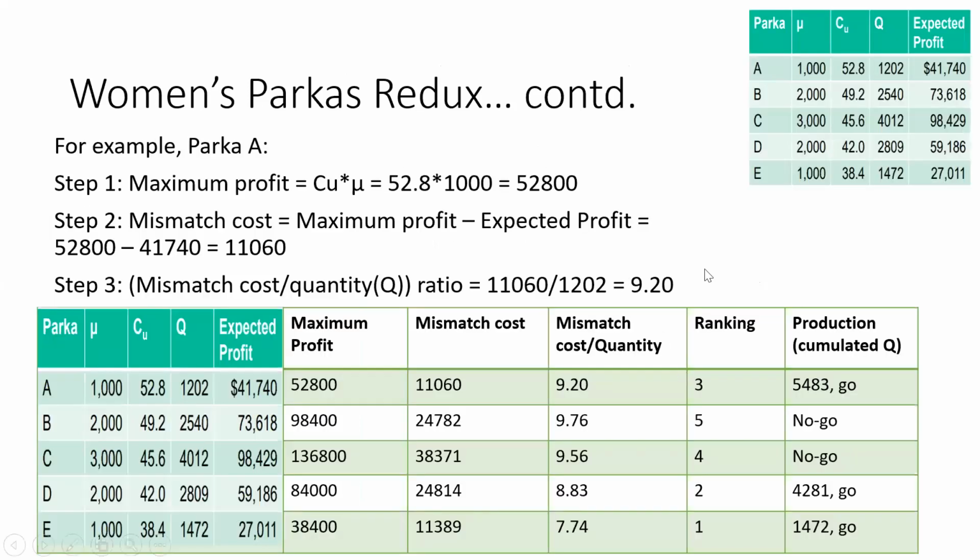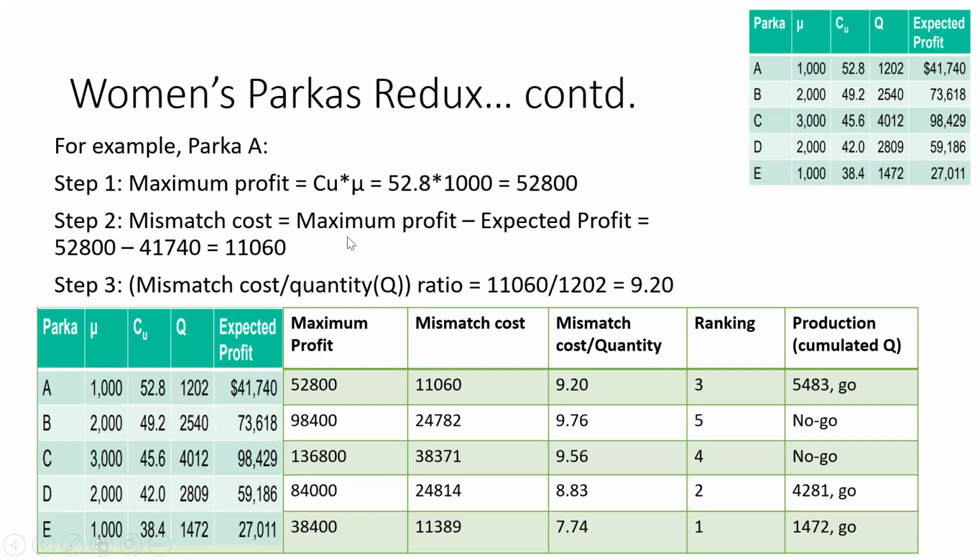Okay, here's my work. For example, in Paka A, the first step is to calculate the maximum profit. Maximum profit is equal to Cu times mu, which is 52.8 times 1,000. And step 2, mismatch cost is your maximum profit minus the expected profit: 52,800 minus 41,740 equals 11,060.